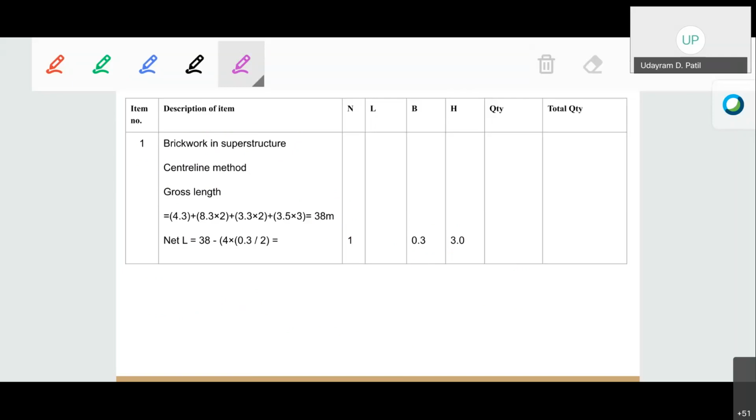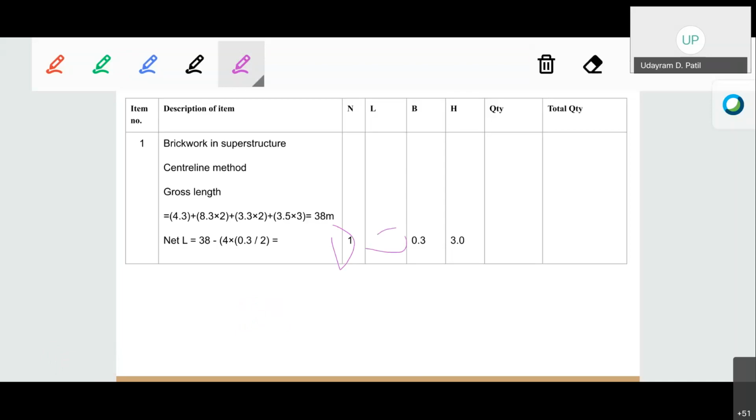So this center line length is 37.4 meter. Therefore, n will be number of walls, again as we are considering the center line method. Therefore, n will be 1. Length is 37.4.